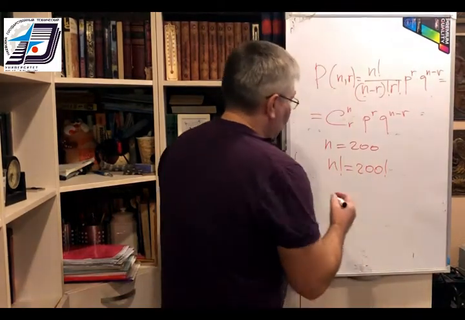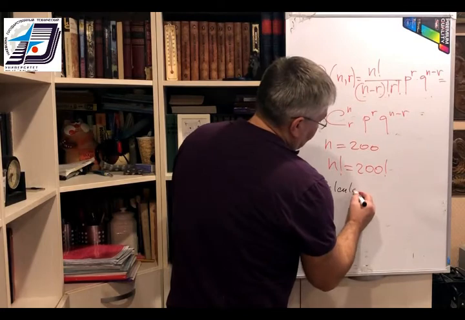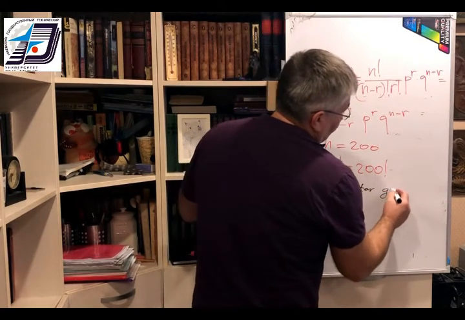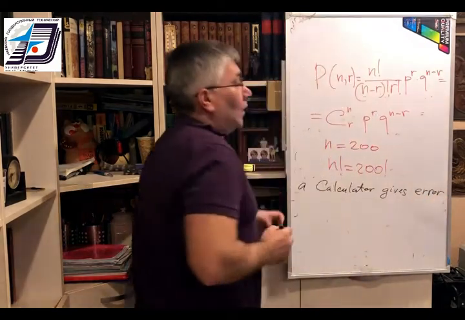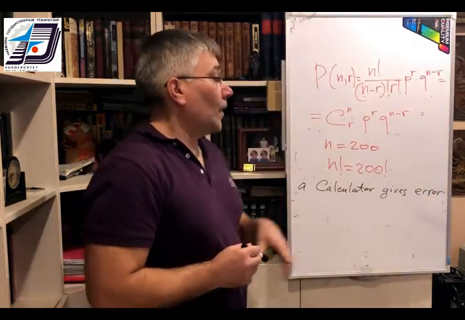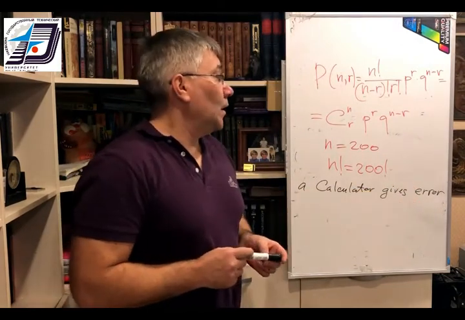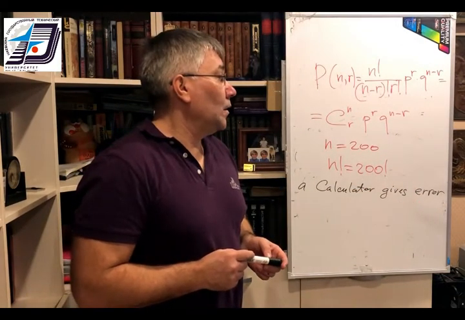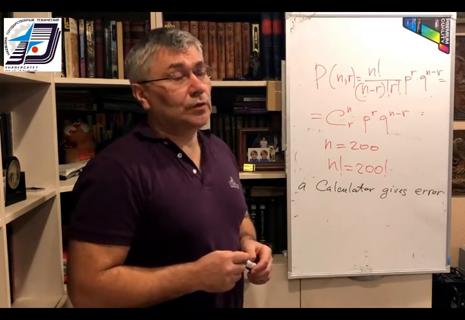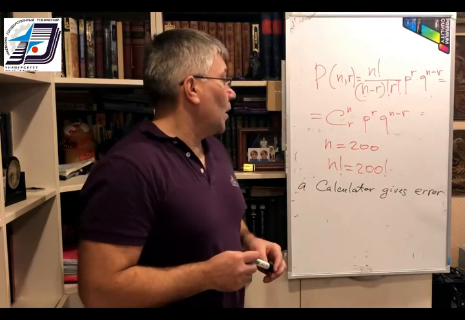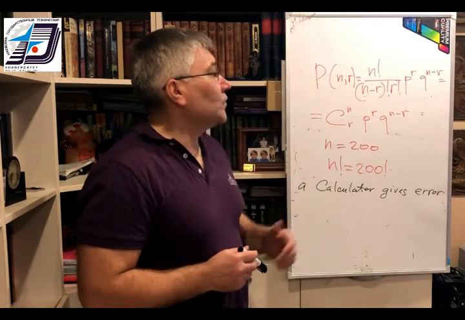So if you use a calculator, it gives an error, or gives zero. The program Excel is also a failure, it is unable to calculate large factorials. So how can we use this formula?